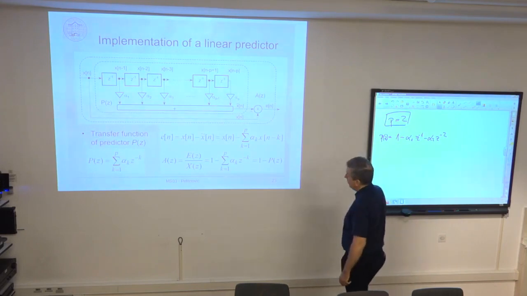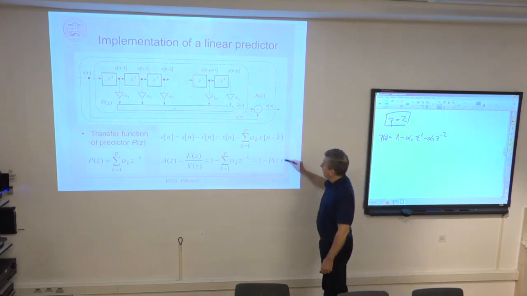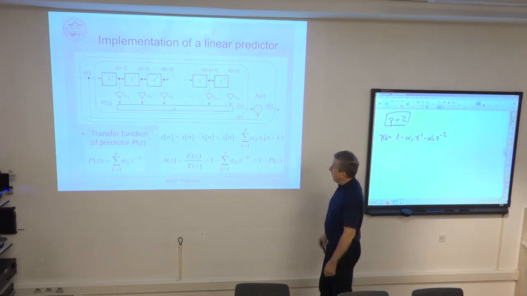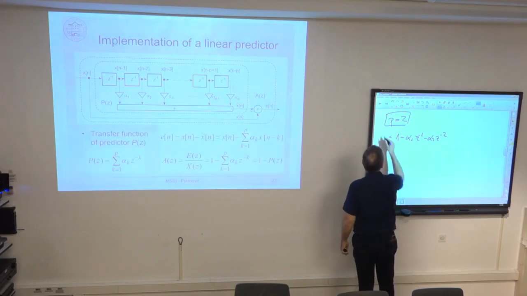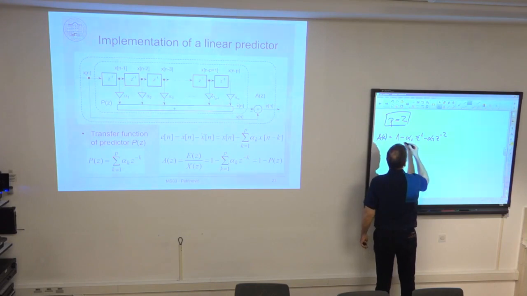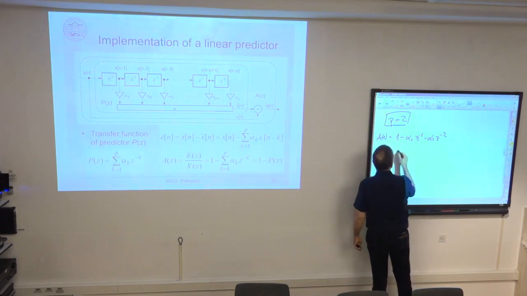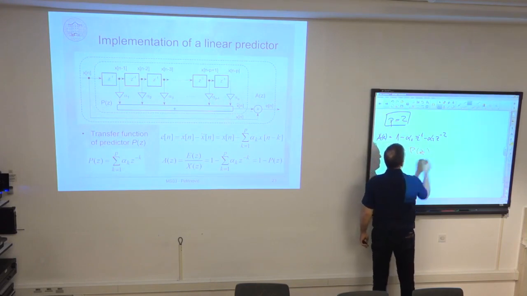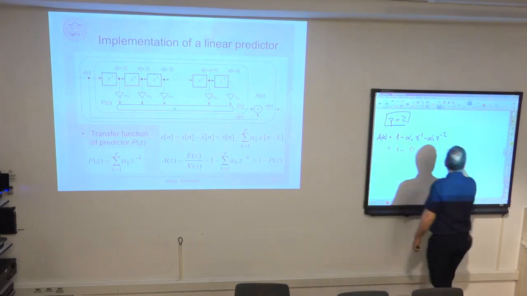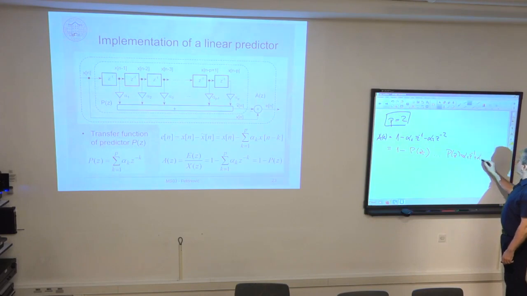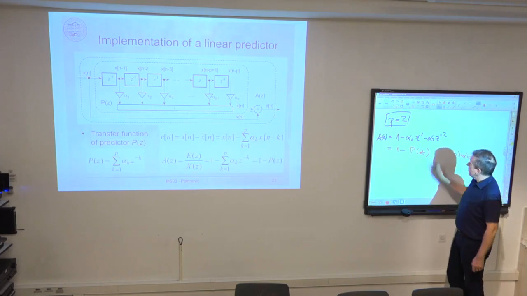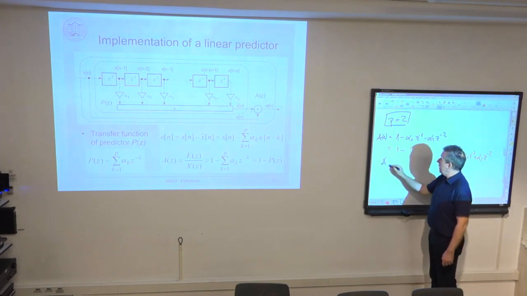So this is A of z, which is 1 minus P of z, because P of z is alpha 1 z to the minus 1 plus alpha 2 z to the minus 2. So now I solve this polynomial equation, A of z equal to 0.